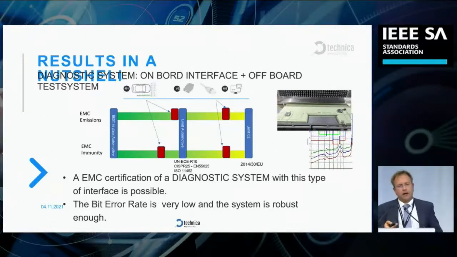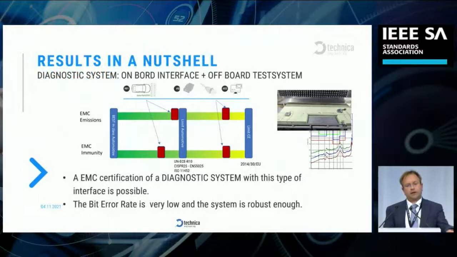What you see here are different levels: first the EMC emission area and the EMC immunity area. You see the limits in automotive based on UN ECE R10, a car specification, then CISPR 25 for emissions, and ISO 11452 for the immunity requirements for a car.